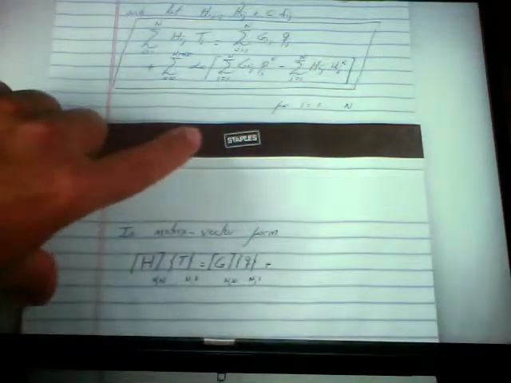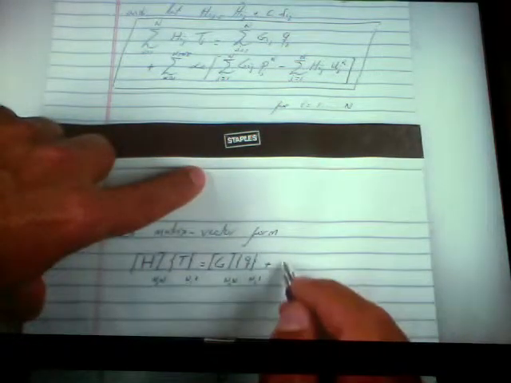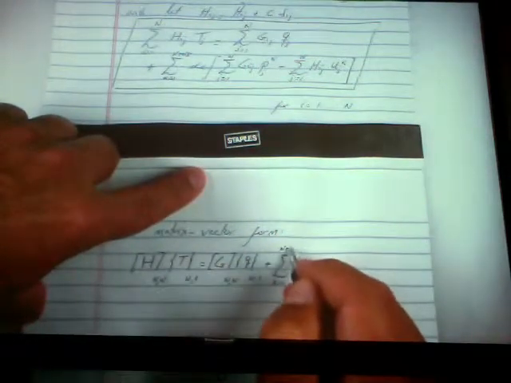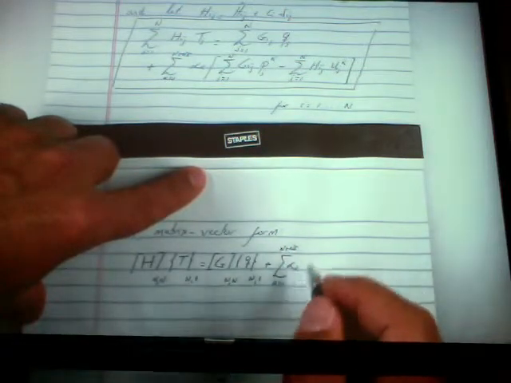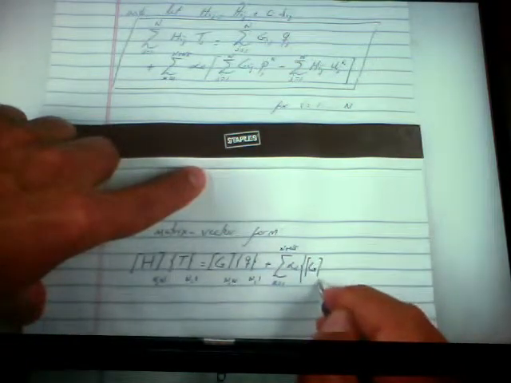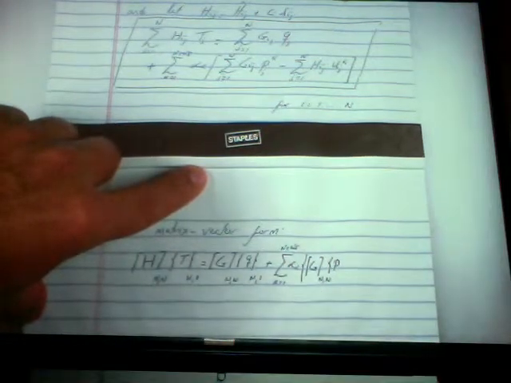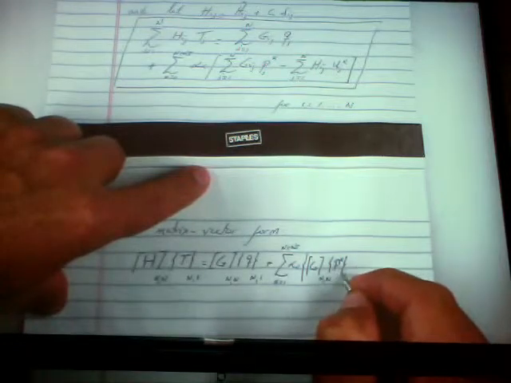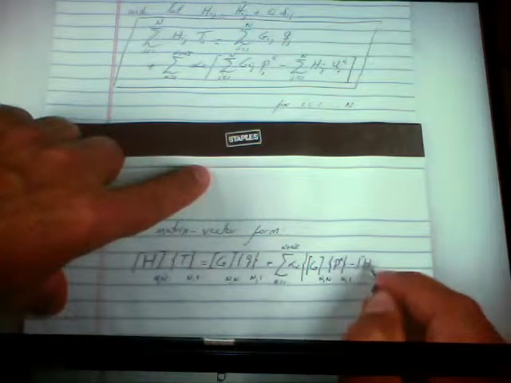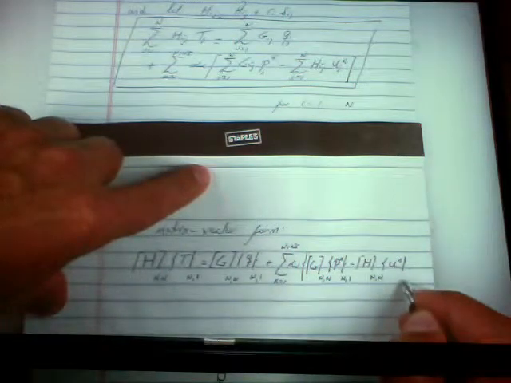Let me see if I can fit all this here. Actually, I'm going to do it first like this. Summation from k equal 1 to n plus ni of alpha k times g, which is again size n by n, p k, which is the size n by 1, minus h, size n by n, and u k, which is the size n by 1.